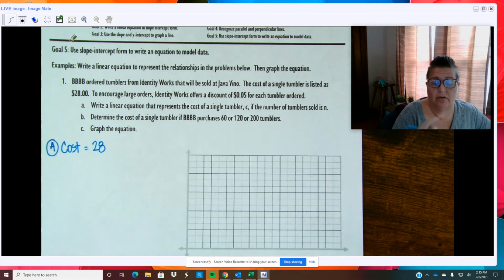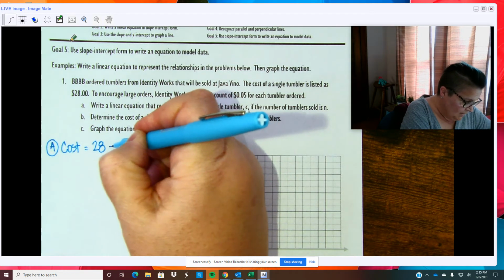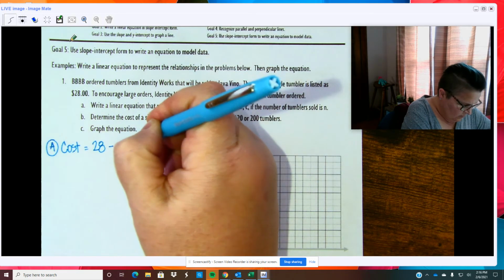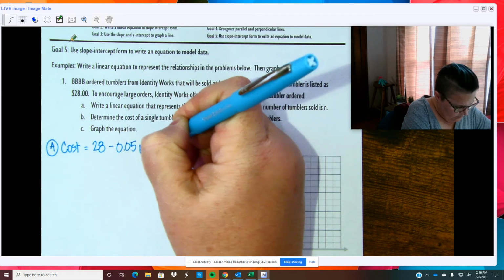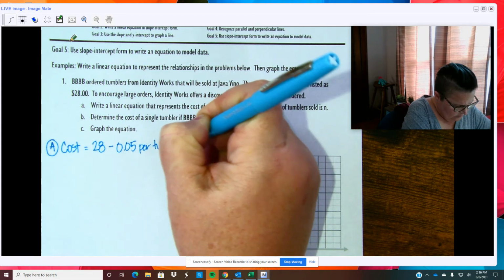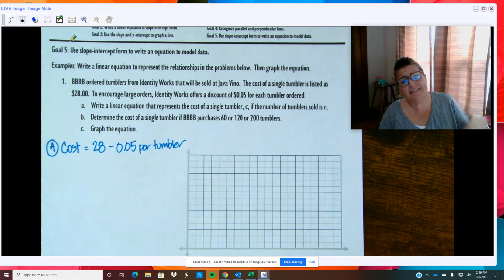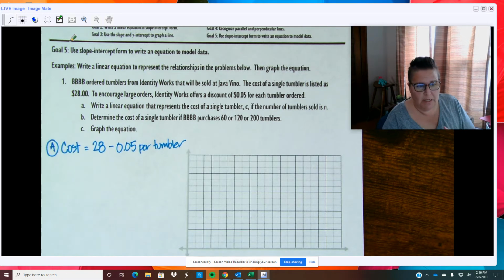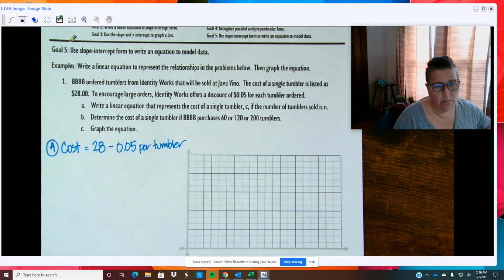If we're taking it off, then we're subtracting 5 cents for every tumbler ordered. 0.05 per tumbler. This is not an equation. It's just a way that I work when I abbreviate things. I do the words first and put them as succinctly as I can. So the cost is $28 minus 5 cents per tumbler.